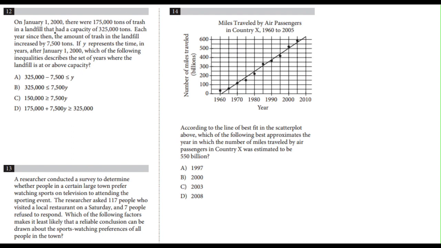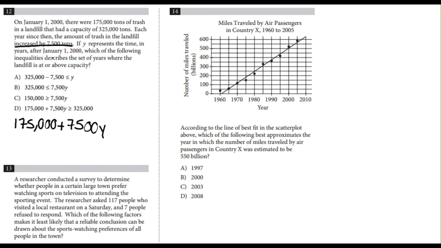So we know that as of January 1st, 2000, there was a total of 175,000 tons of trash, and that each year the amount of trash increased by 7,500 tons times the number of years that passed.